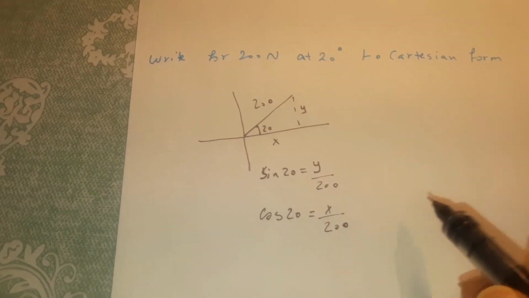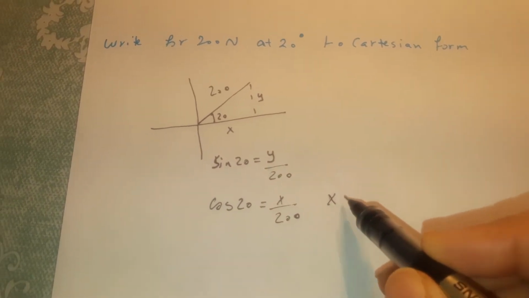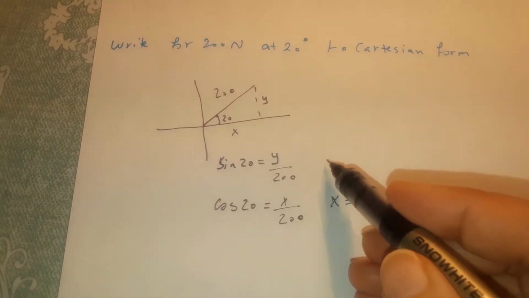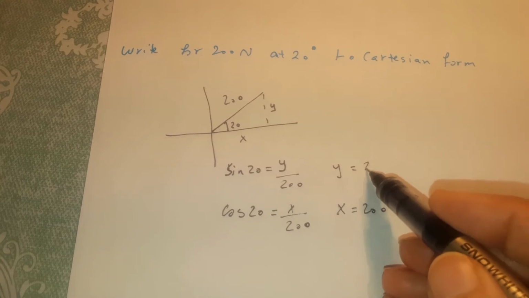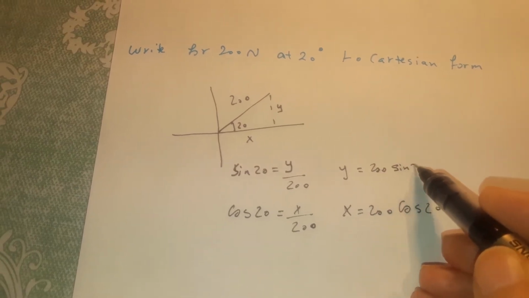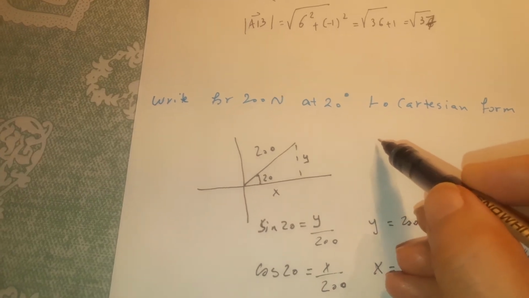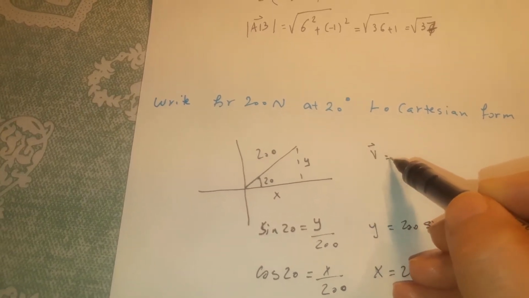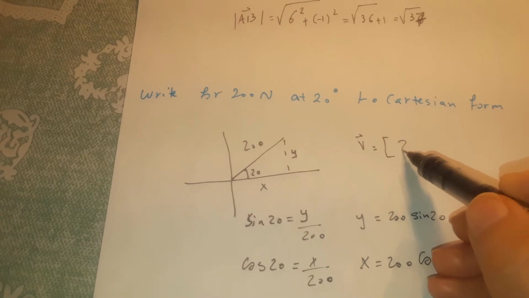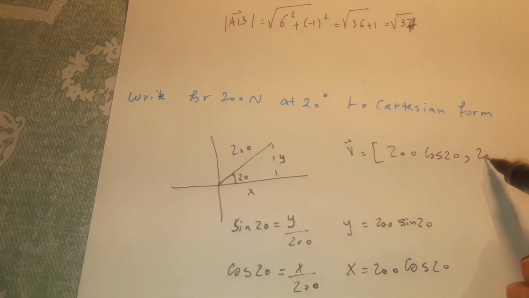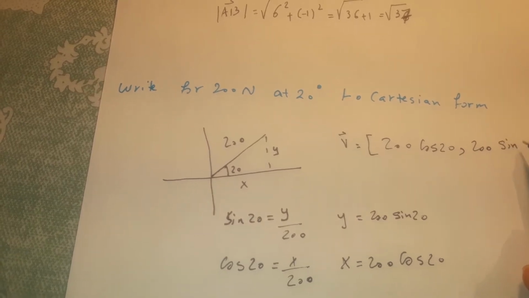So here I can solve for x. X is going to be 200 cosine 20, and y is going to be 200 sine 20. So if I want to write this in x and y components, let's say vector v, the x component is 200 cosine 20, and the y component is 200 sine 20.